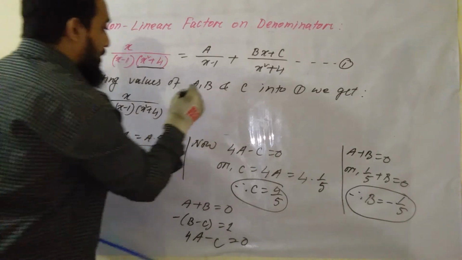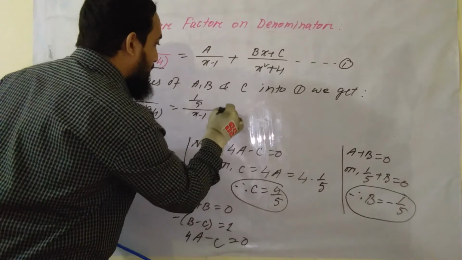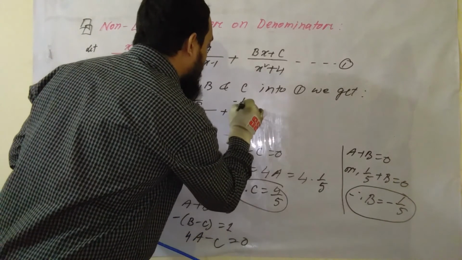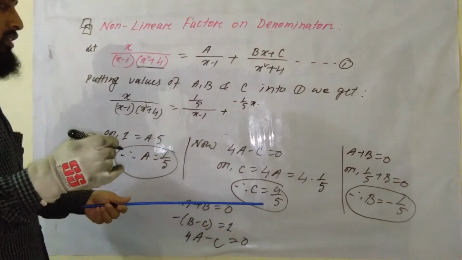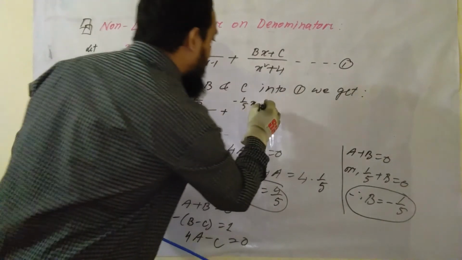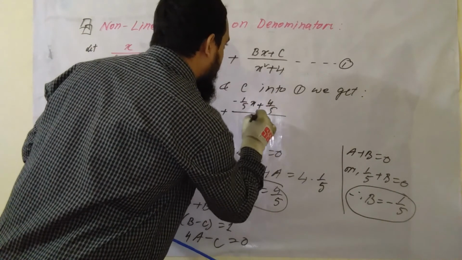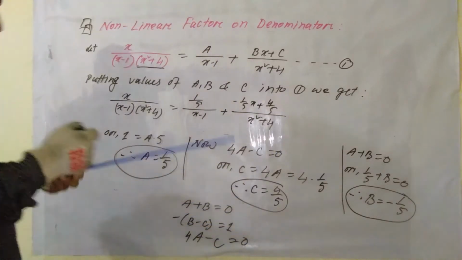What is the value of a? 1 by 5, divided by x minus 1, plus the value of b. The value of b is minus 1 by 5, minus 1 by 5 times x, plus the value of c, which is 4 by 5, divided by x square plus 4.